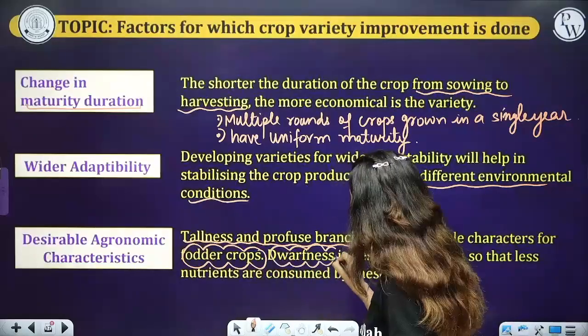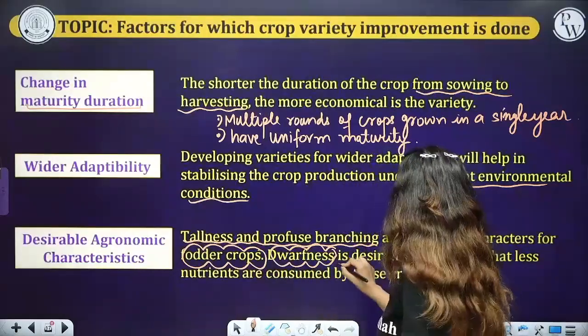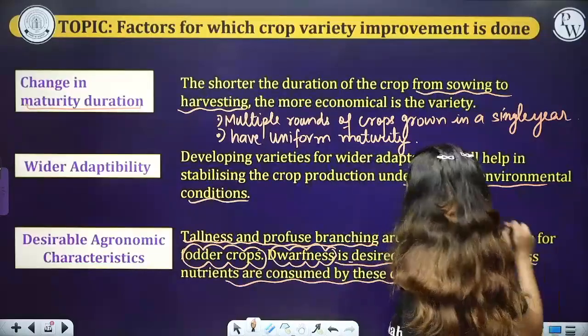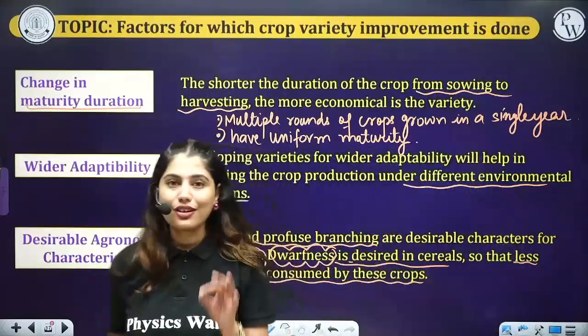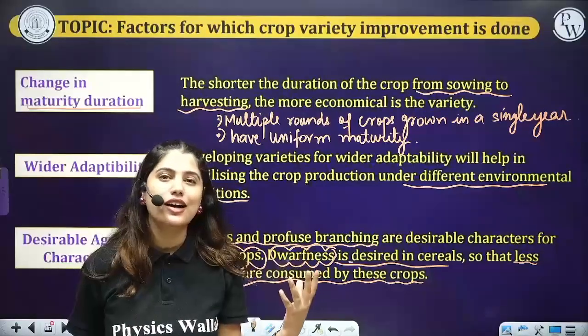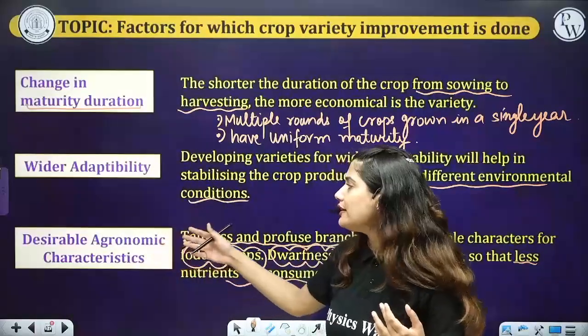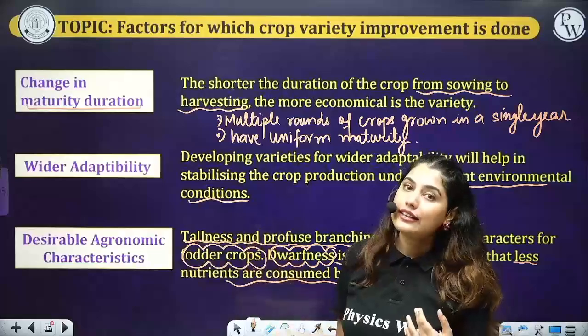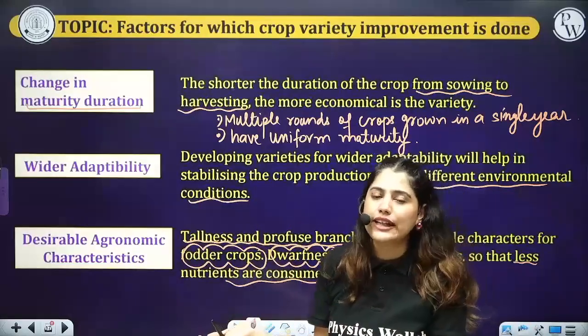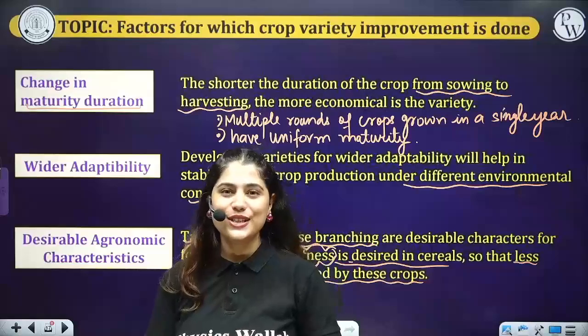Dwarfness means short height is desired in the cereal so that less minerals are consumed by them. Very, very important. Sometimes they ask you what the desirable agronomic characteristics for the cereal are: that they should be dwarf. And why do we need that? So that they take less nutrients.